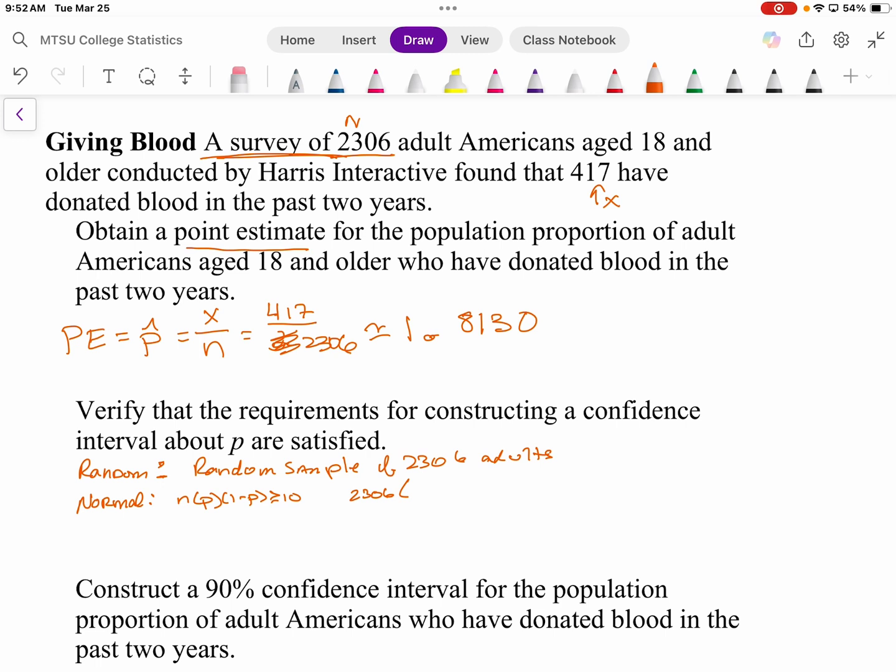Does it make sense in the context of the problem? What does p hat stand for? What type of value is it? It's a proportion, which means it's a percentage. Right now, I have my p hat as 1.8130, 181%. Can we have a percentage above 100?